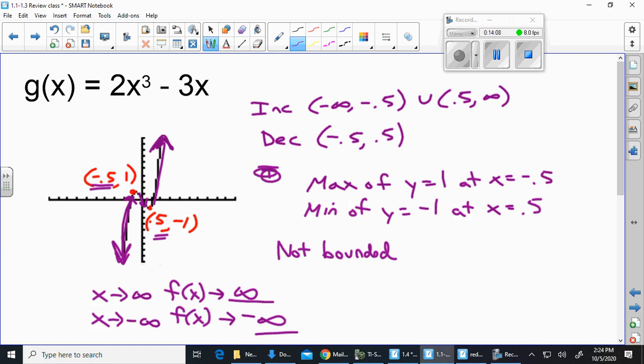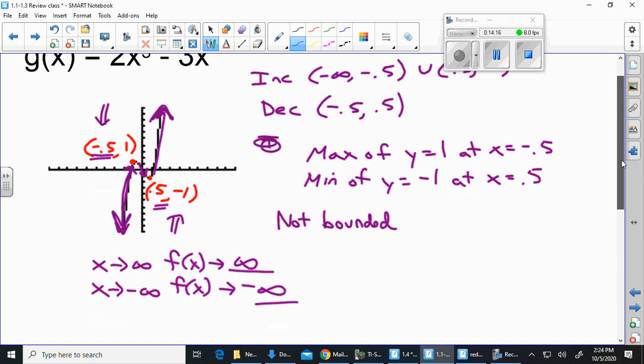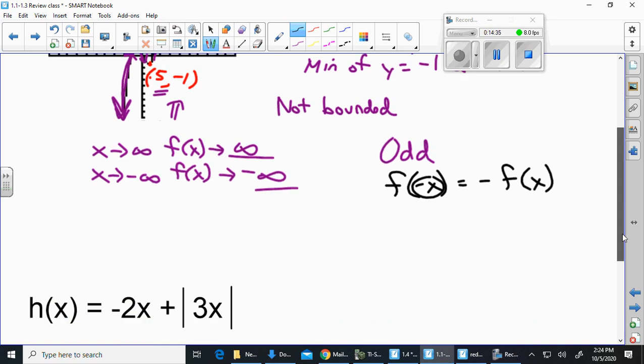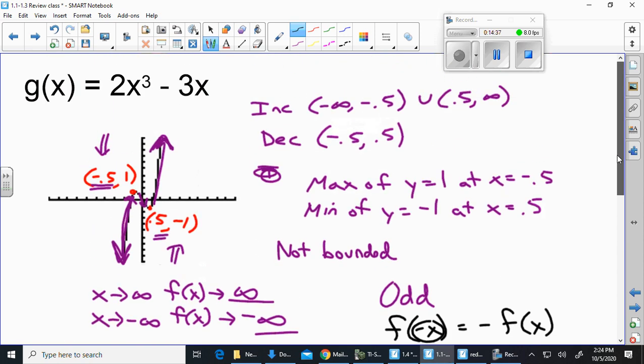Symmetry, well, if you look at these points, the x's are opposite, the y's are opposite. So that's origin symmetry. It is odd, but how do you prove that? You have to know that odd means f of negative x is the opposite of f of x. So f of negative x means I am putting a negative x in that function.